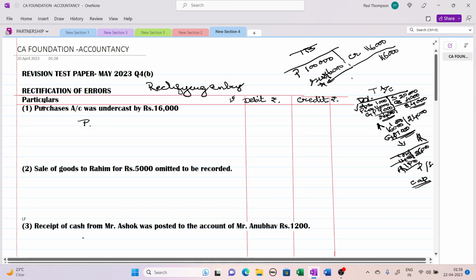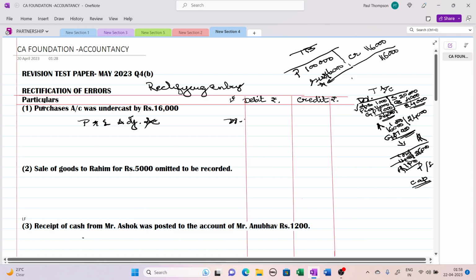I hope you are clear with that. So now the P&L adjustment account is to be debited. Now all of you know why we are debiting the P&L adjustment account.